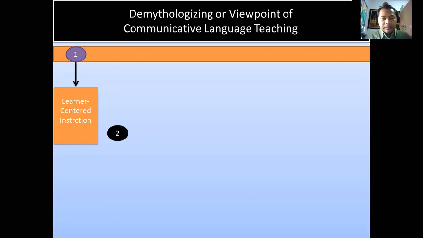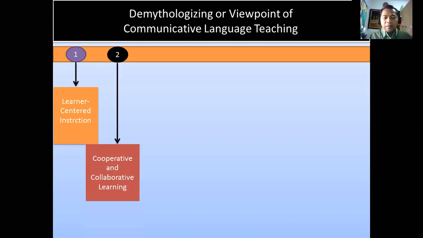Okay. The next one, or the second one, viewpoint or demythologizing of communicative language teaching, is cooperative and collaborative learning. If you are a critical reader, you will ask yourself, or you will ask the presenter to explain, what is cooperative and collaborative learning?